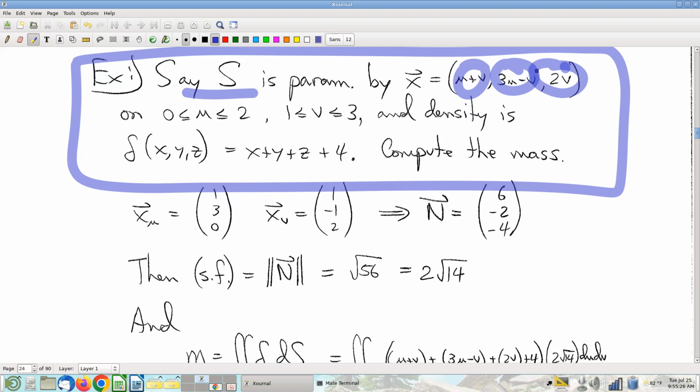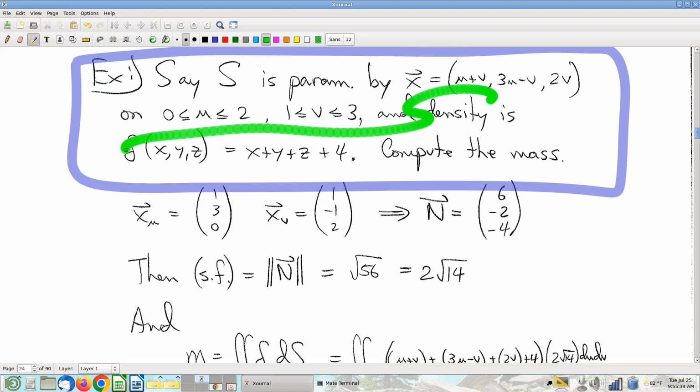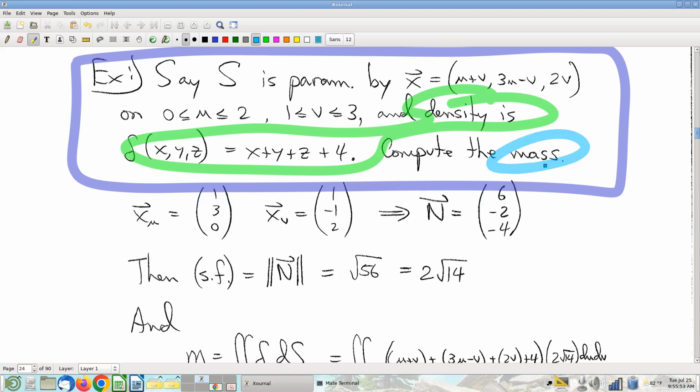That is a parameterization of some surface. And then I've got a density of mass distributed across that surface. So non-constant density. Notice that the density depends on location. Different places on the surface, different x, y, z, you're going to have different densities. And how would you compute, the question asks, the total mass?